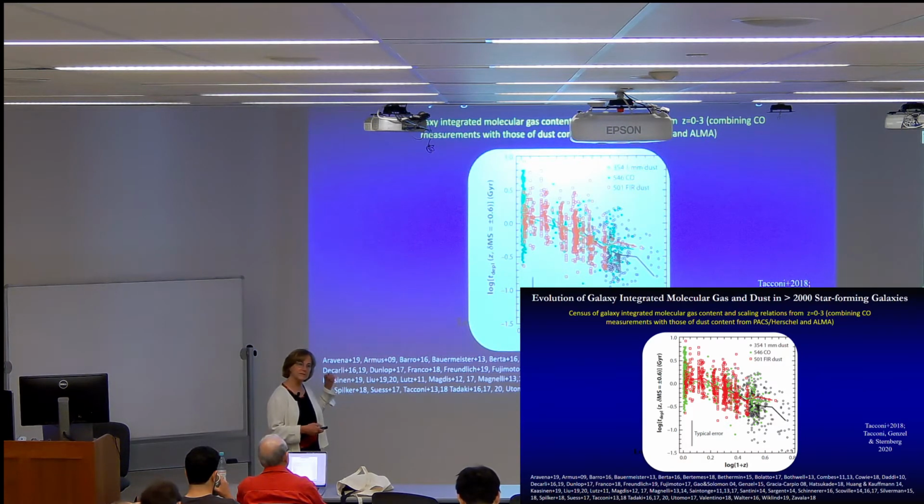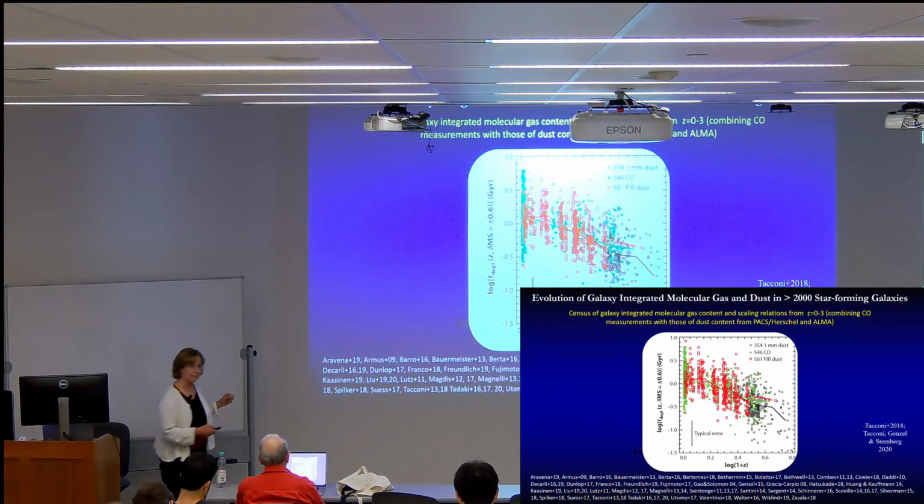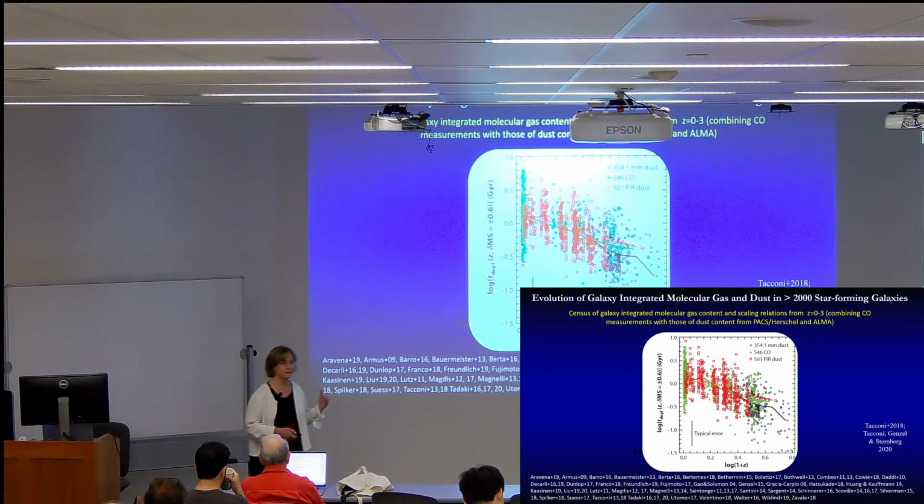So the CO to H2 conversion factor, which has always been everyone's, oh, this is the biggest uncertainty we have in astronomy, I don't think that that's a problem for, at least at the massive end of the massive galaxies that we're observing. But even at low redshift, we have some low mass galaxies, and the agreement between the three different methods, three independent methods, is very, very good.